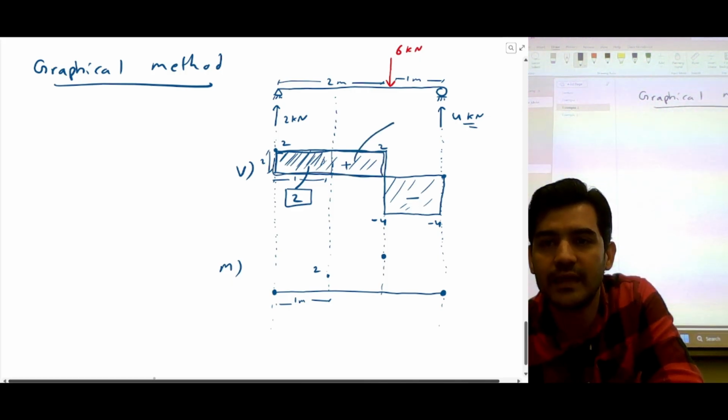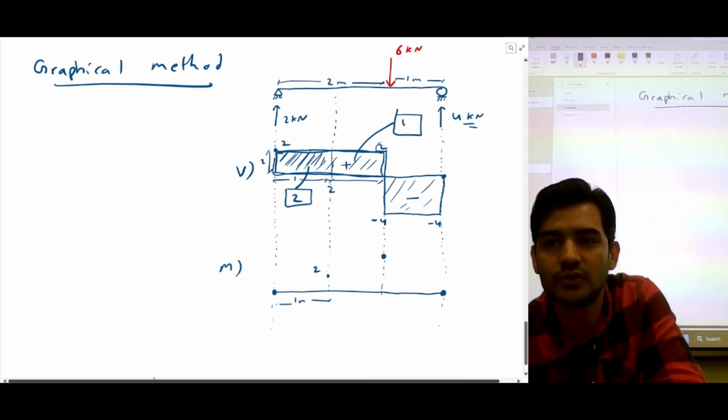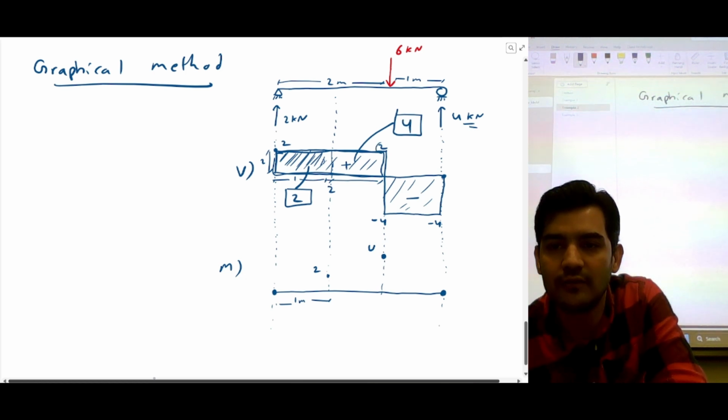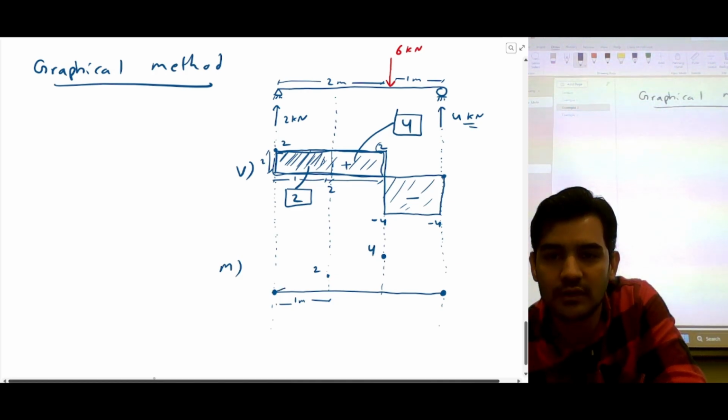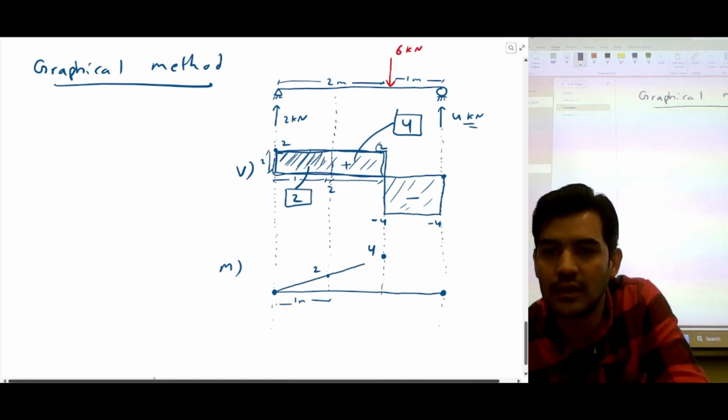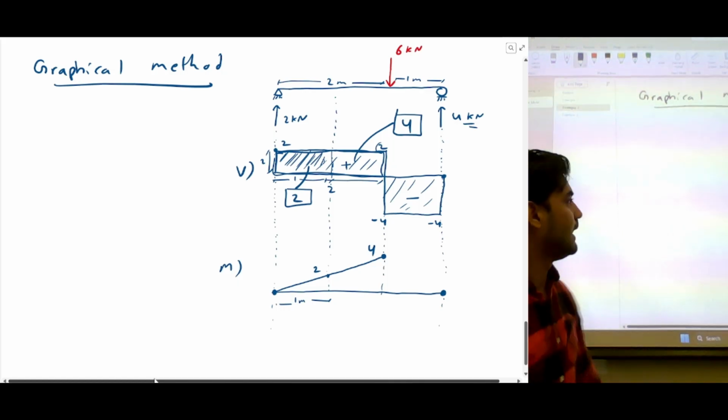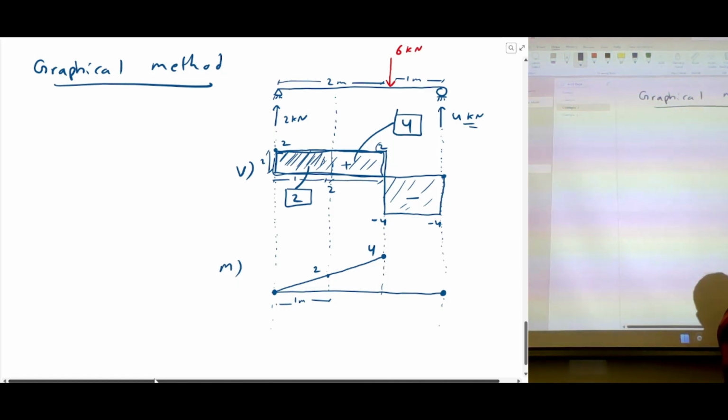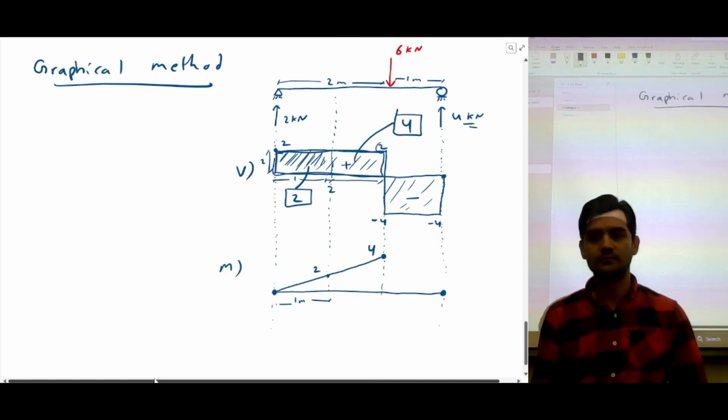This entire thing is 2 and 2, so it's going to be 4. So I have the value 4. I'm going to draw a line, and that's how we can calculate the bending moment diagram from the shear force as well. You can also use equations.